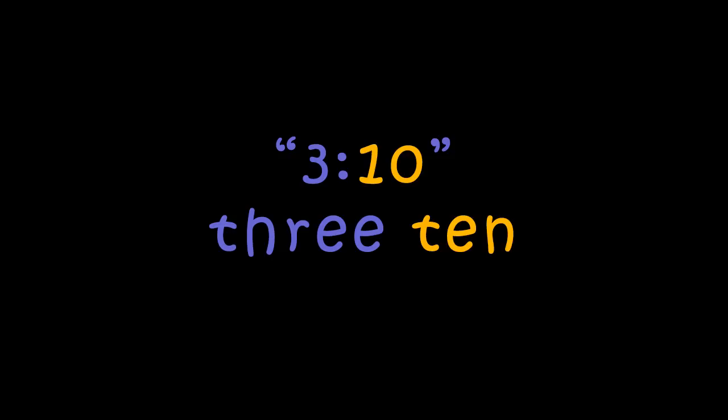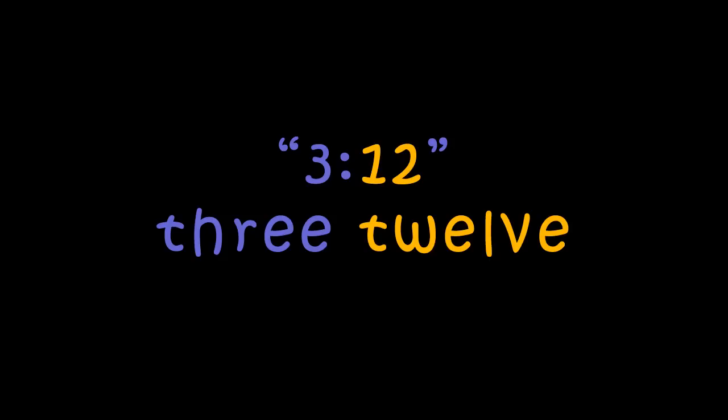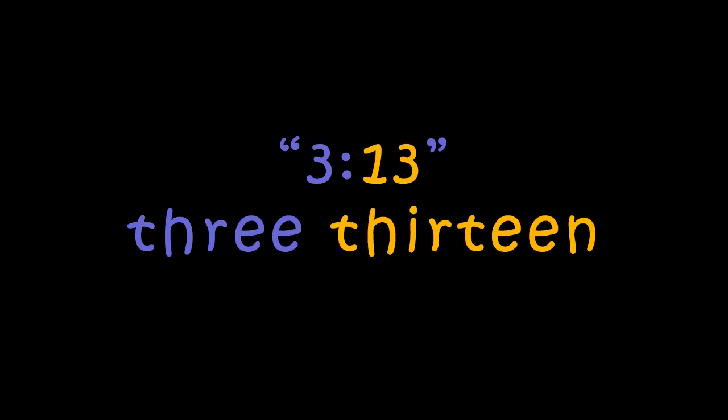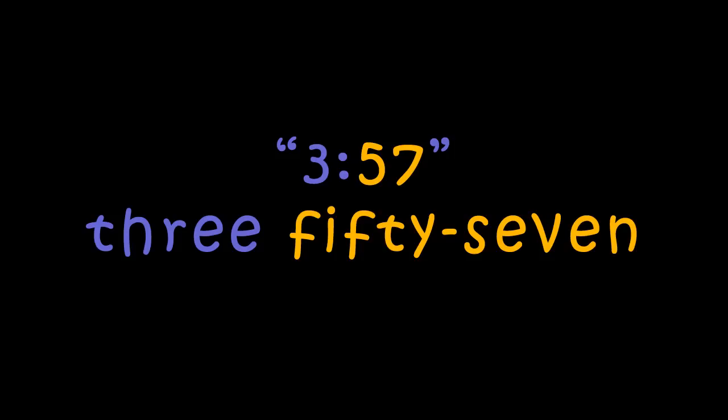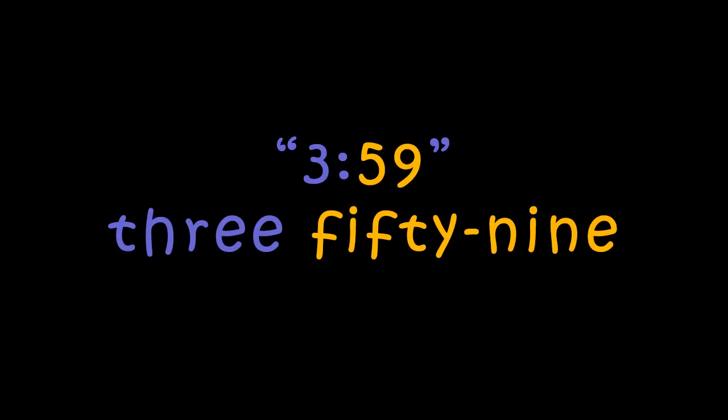So here we have 310, 311, 312, 313. Then, of course, between 313 and 357, you have 314, 315, 316, and so on. And then 357, 358, 359. And then, of course, the next is 4 o'clock.